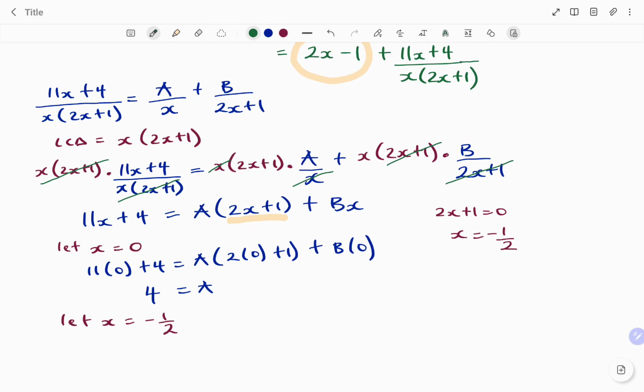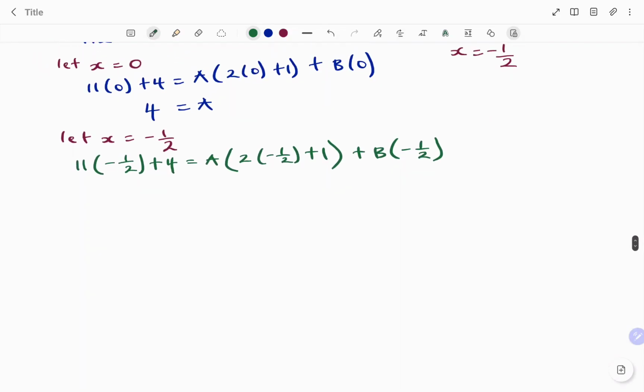And then my expression will become, on my left hand side, 11(minus 1 over 2) plus 4 equals A(2 times negative 1 over 2 + 1) plus B(minus 1 over 2).